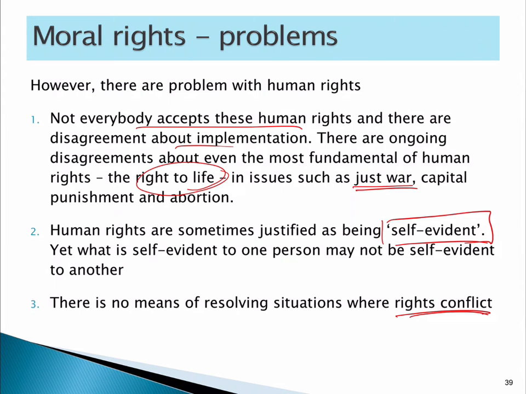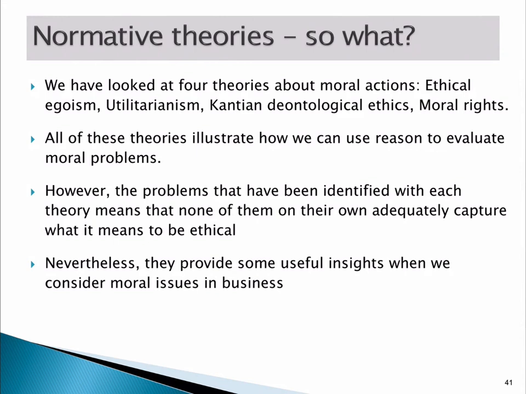So all up, we've looked at four key theories about actions and how we can determine whether they're moral or ethical or not: egoism, utilitarianism, Kantian ethics, and moral rights. All of these can be used to judge whether something's ethical or not, and all of them also have problems, which means that on their own, they're likely to be inadequate.